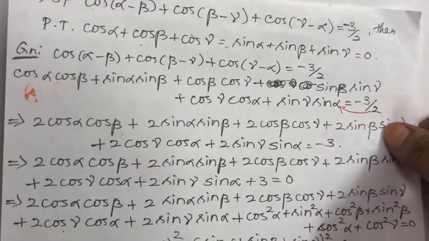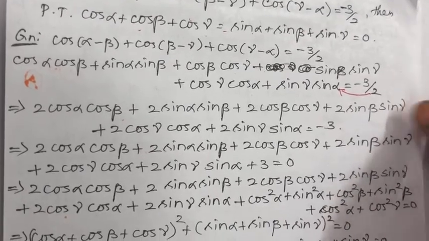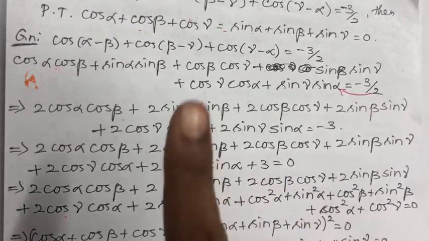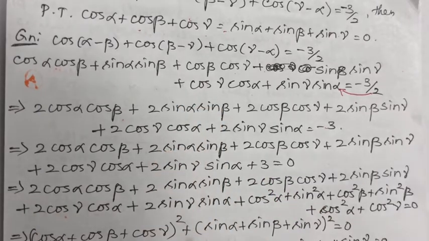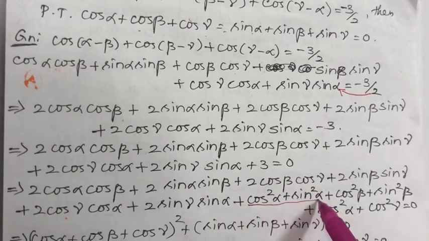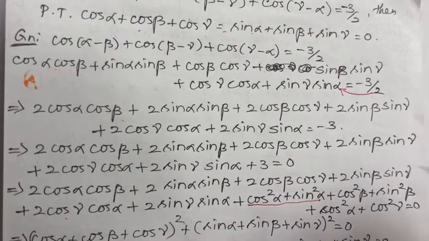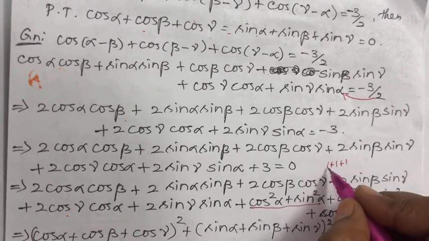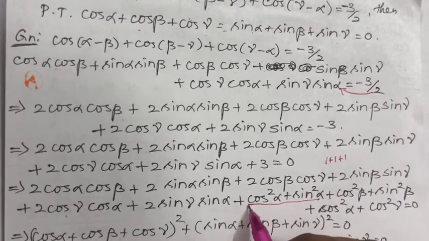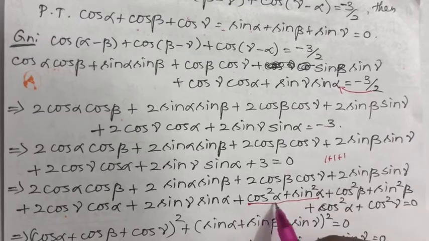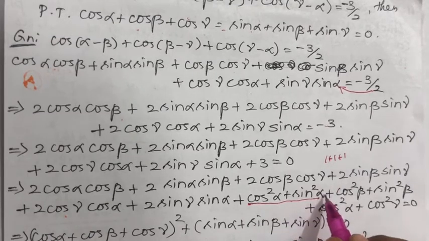Okay, so now we are going to do one more thing, that is I can split this 3 as 1 plus 1 plus 1, right? So what is our 1? Cos square alpha plus sin square alpha is equal to 1. So I split the 3 as 1 plus 1 plus 1, for the first one it is cos square alpha plus sin square alpha, because cos square theta plus sin square theta is equal to 1.